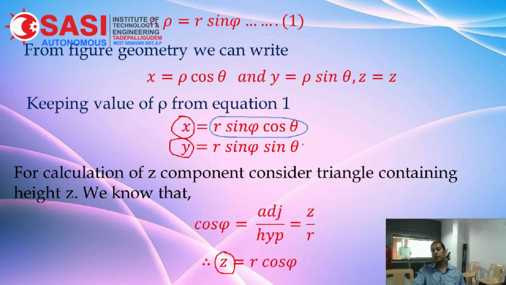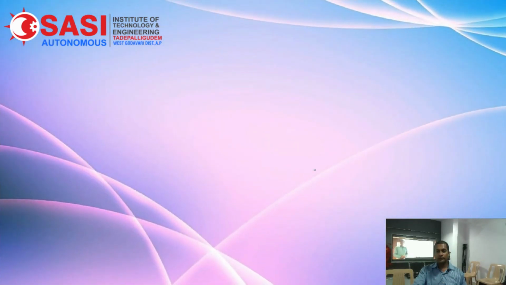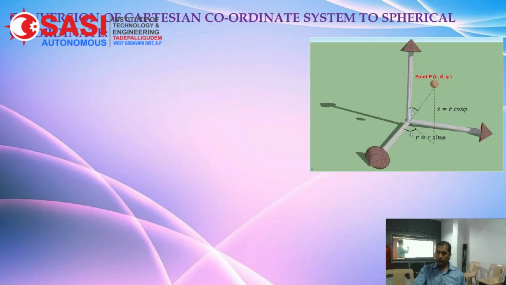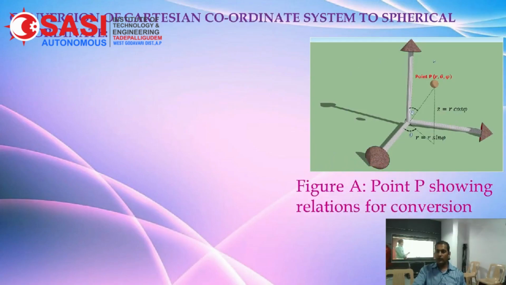That is nothing but conversion to the spherical coordinate system. So this is what we do in conversion. By using the geometry of the figure we can find out the various relations.